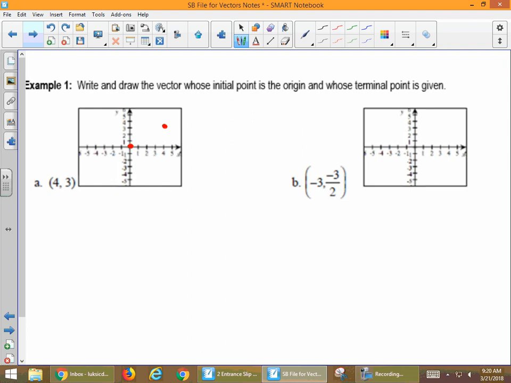To draw the vector, we draw the line segment and put an arrow on it. The way we write that vector is: the horizontal component is 4, and the vertical component is 3.